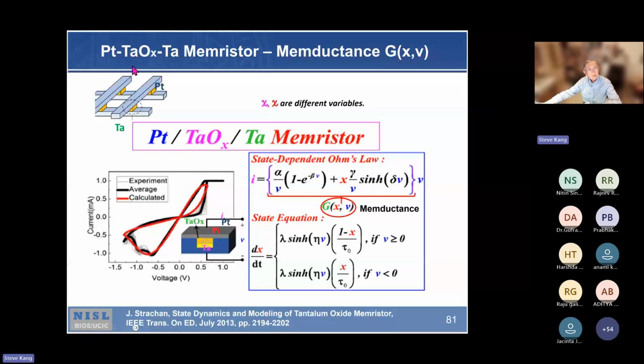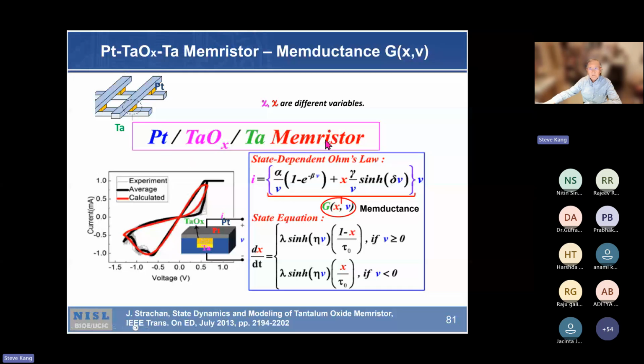And in between, they have a tantalum oxide. So this junction is the memristor, see? Whatever this dimension is, that's what it takes in terms of silicon area or surface area. So if it's 3 nanometer, then you have 3 by 3 nanometer. There you have a memristor, very small.